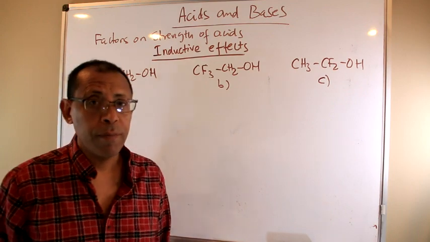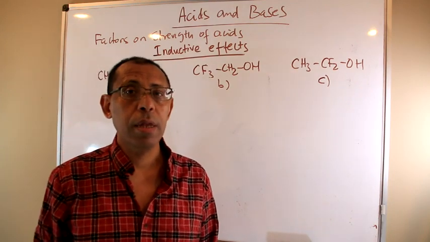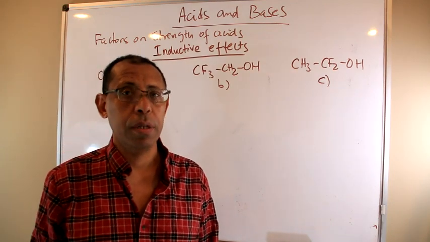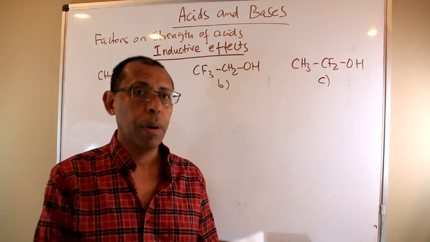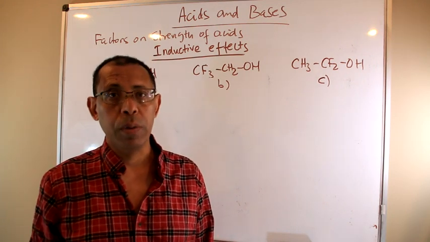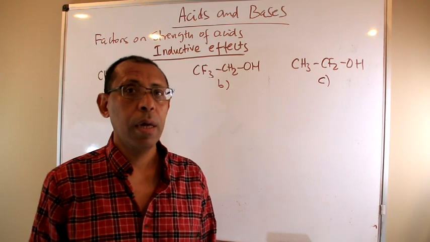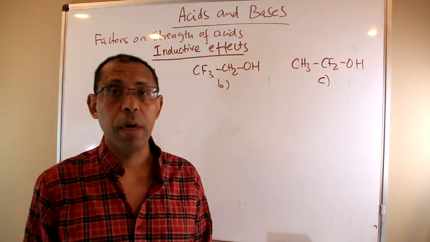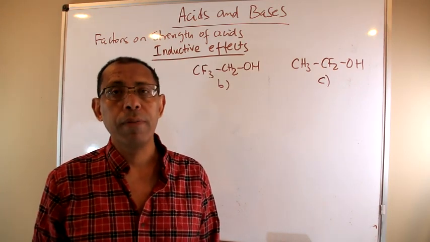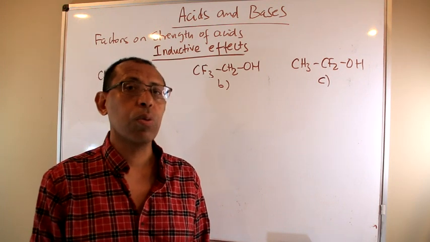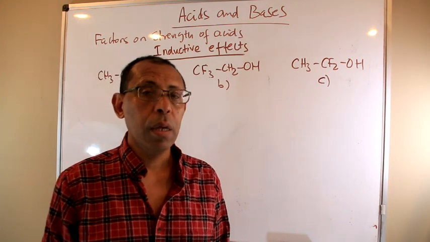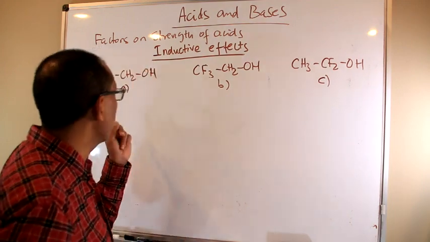When we say inductive effects, it's an effect that is through a sigma bond. It's not through a pi bond, because a pi bond can do a resonance. But a sigma effect, which is the inductive effect, is about what kind of electronegative atom is next to the conjugate base. So let's see with these three examples.